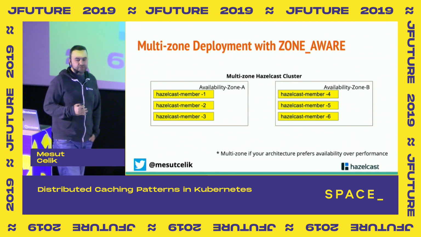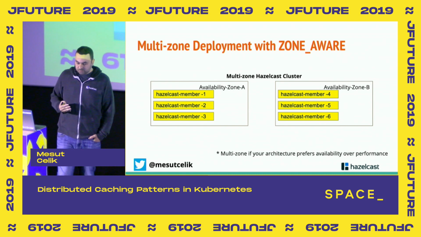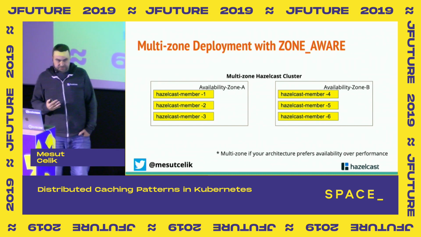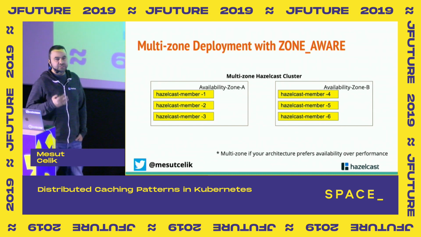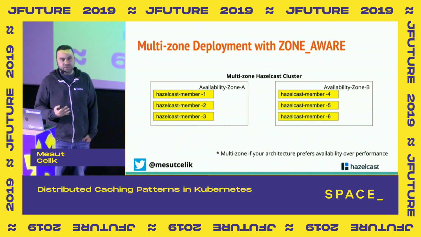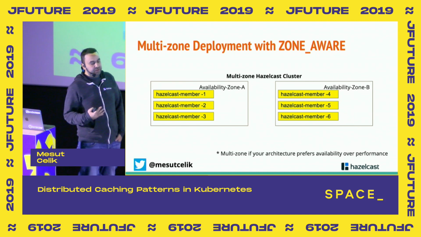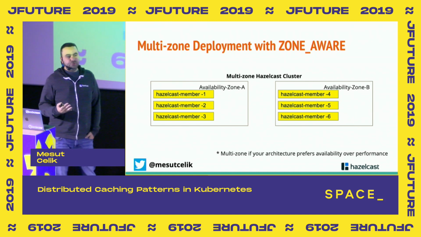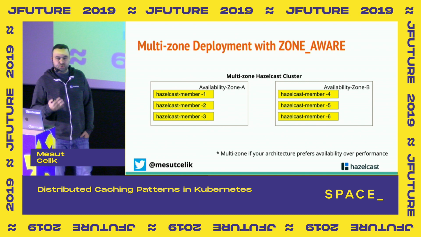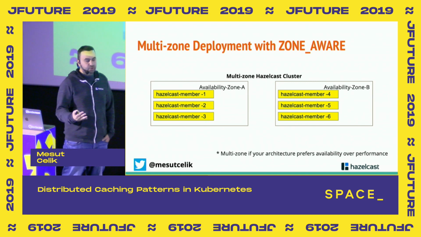So the next one is multi-zone deployment. Hazelcast is a very network latency intensive product. So network latency is important in that case. So you might not want to deploy Hazelcast cluster into multiple availability zones.